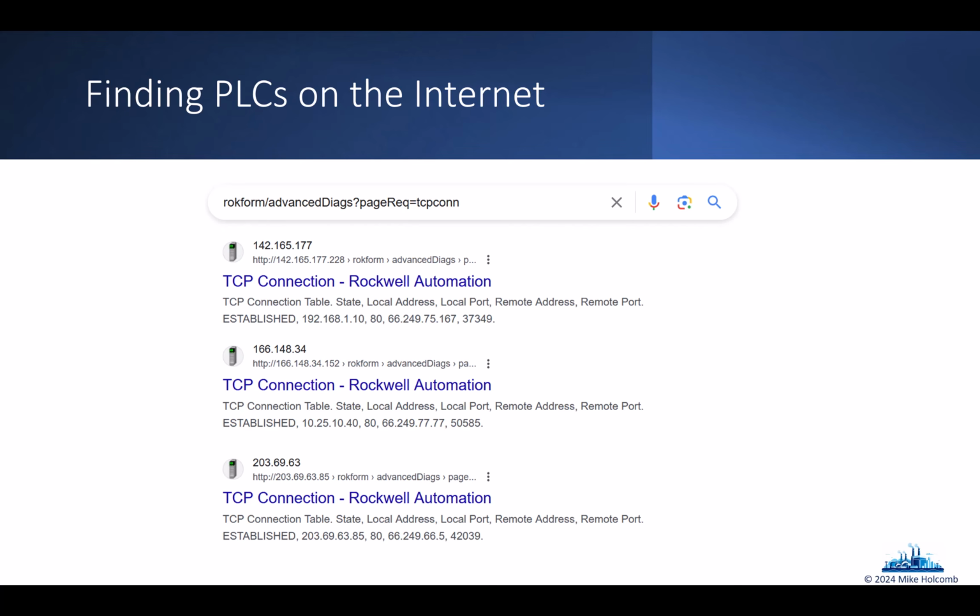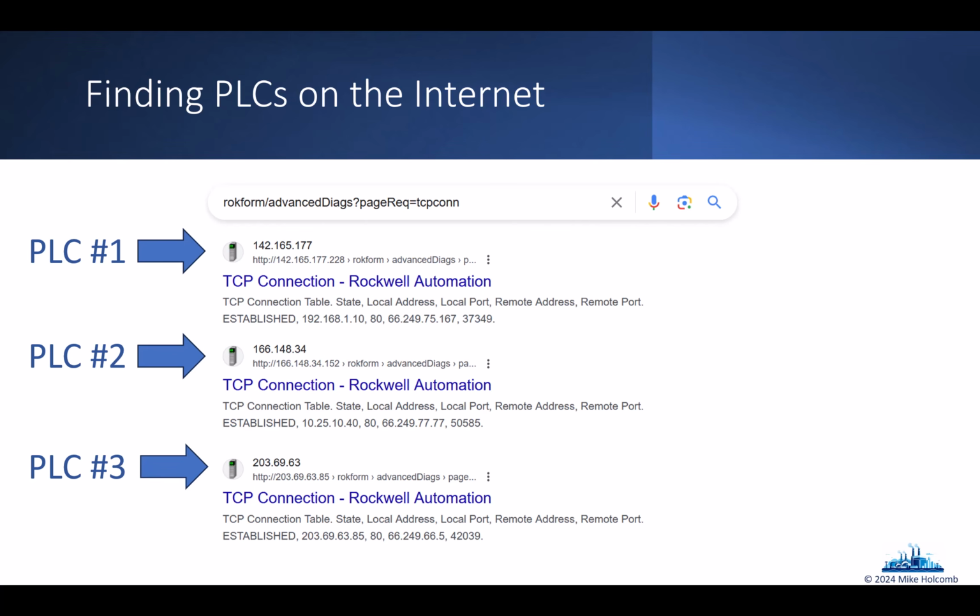And the interesting thing, right, is that these are PLCs that are connected or exposed to the internet. And you can see there's one PLC, there's another PLC, there's another one. You only see part of the IP address on the title line, but you can see the complete IP address and the URL there.